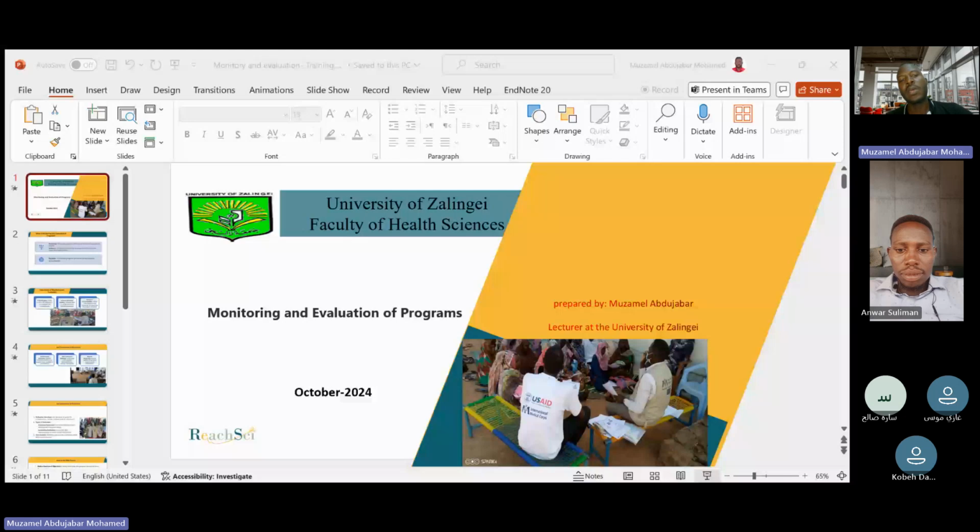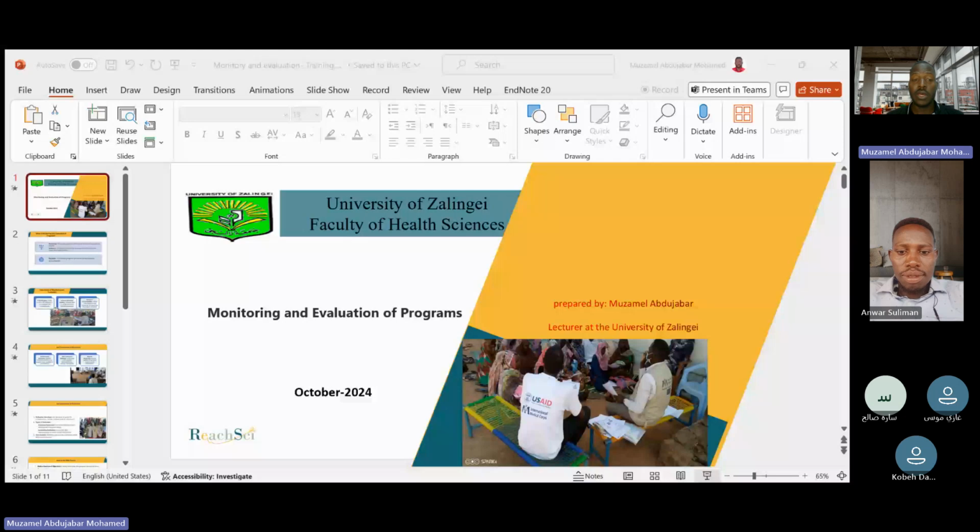That means in evaluation, we make an assessment about the effectiveness of the program. Is this program which you implemented effective in line with the objective you set, and does it also have an impact? This is the evaluation.